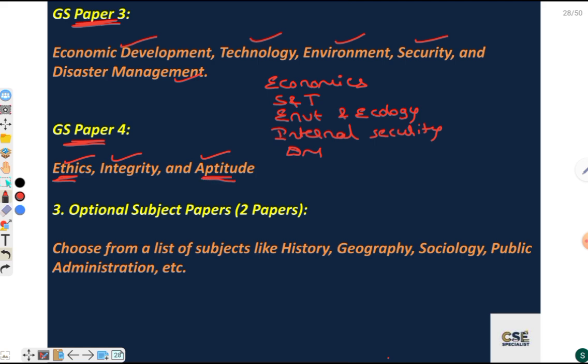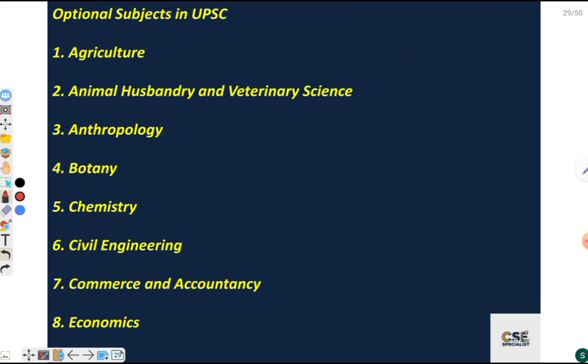Then coming to the optional paper, instead of seeing the syllabus, let's see what subjects we can choose, and also the literature papers that we can choose as optional subjects.